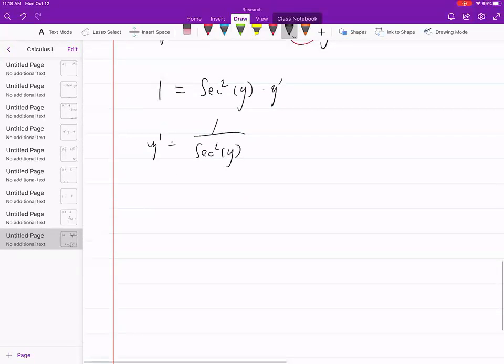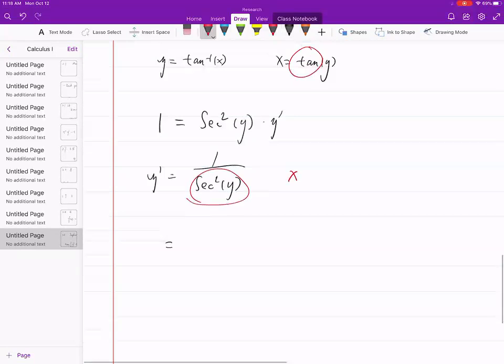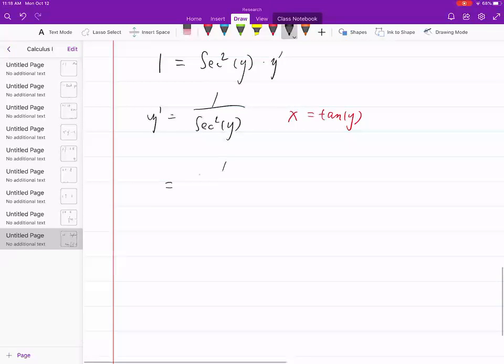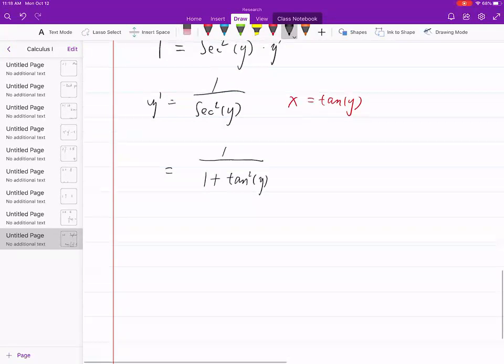Okay, step 2, I don't like this. I want x. Knowing that x is tangent, the question becomes, can you compute secant from tangent? And the answer is yes, by a trig identity. This is the trig identity.